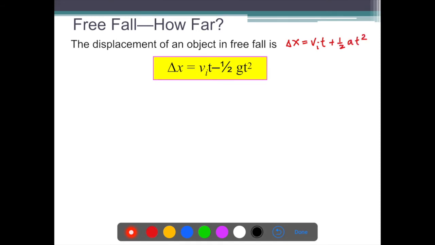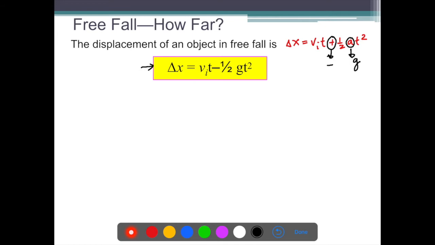Except that in free fall, acceleration a is replaced by the gravitational acceleration g, and because gravitational acceleration is always directed downwards, this plus sign here becomes a negative sign. And so the equation for displacement as shown here is delta x is equal to v_i t minus 1/2 g t squared.